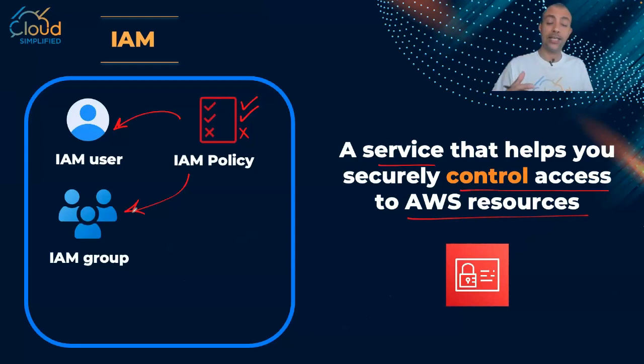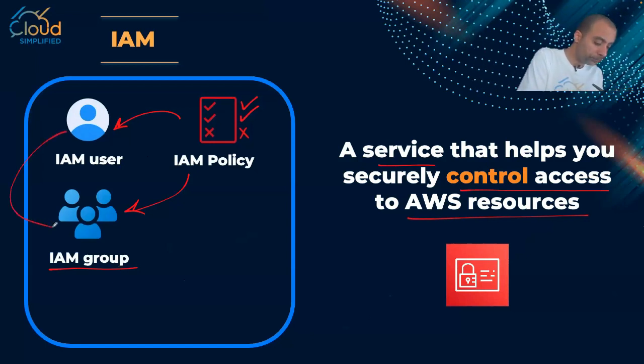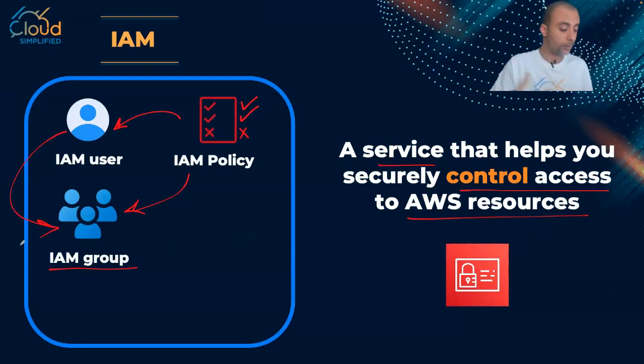We're going to see that definitely the best practice is to attach the IAM policy to my IAM group. Why? So I don't need to go to user by user and attach the policy. I will attach the policy to the group, and then whenever a user is added to any of these groups, this user will inherit the policies coming from the IAM policy attached to this group.